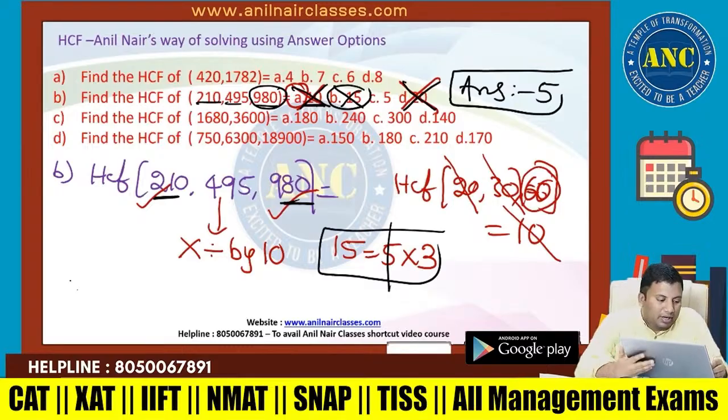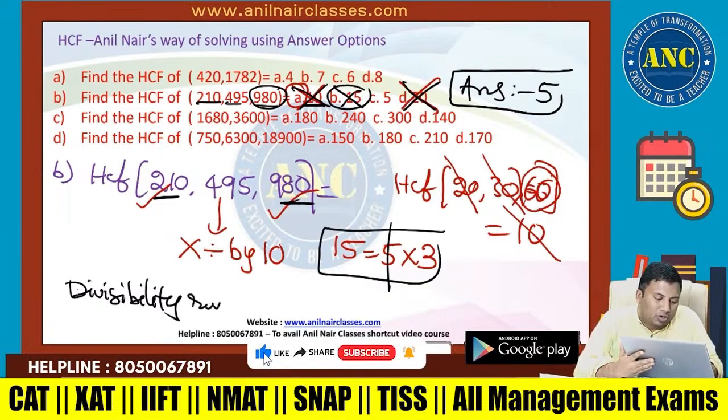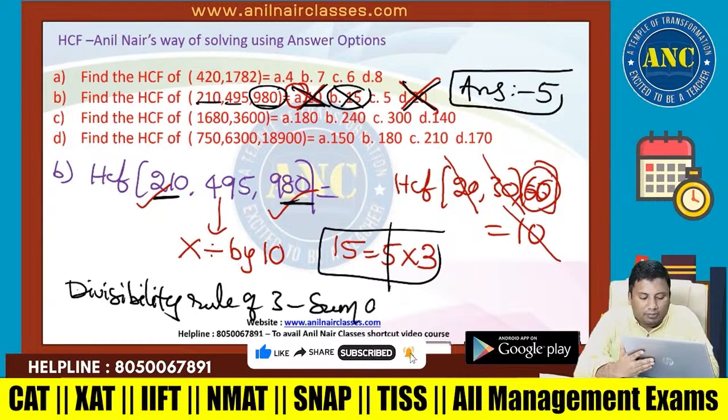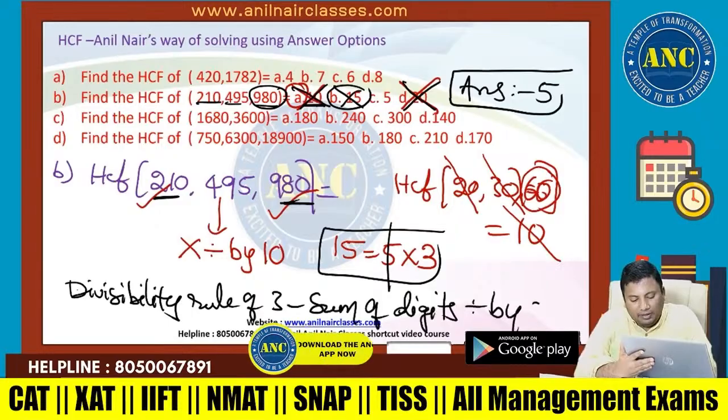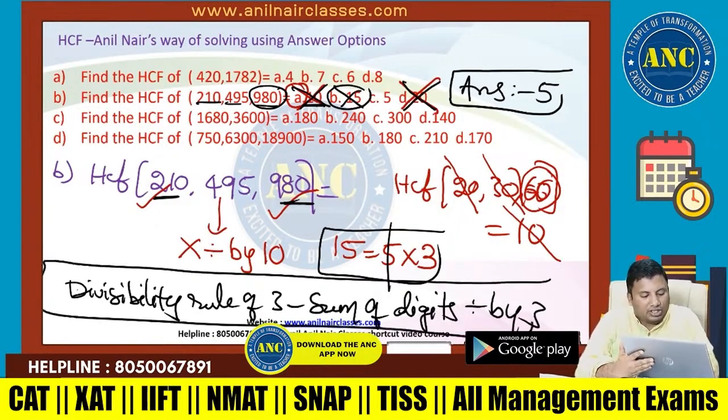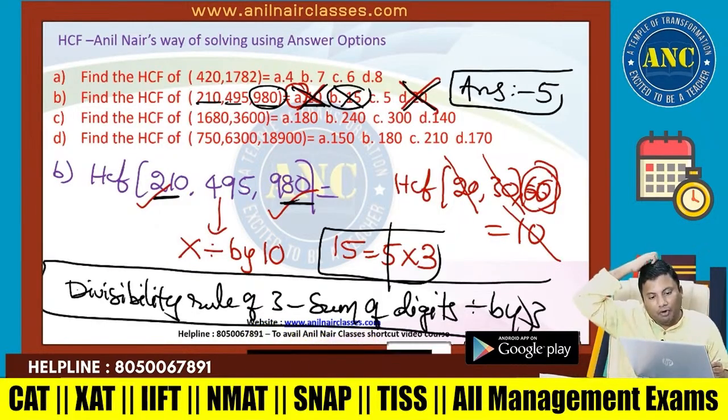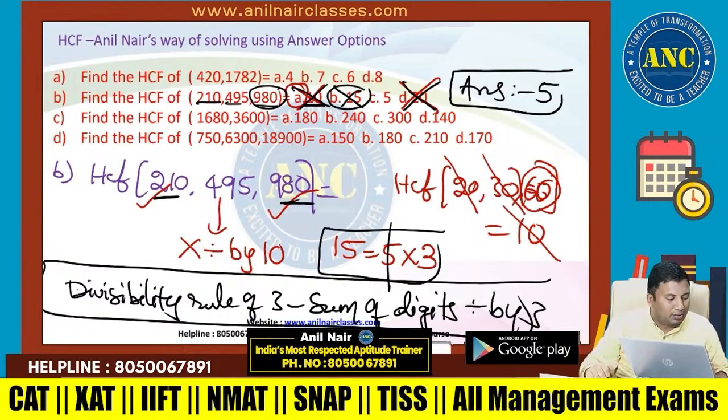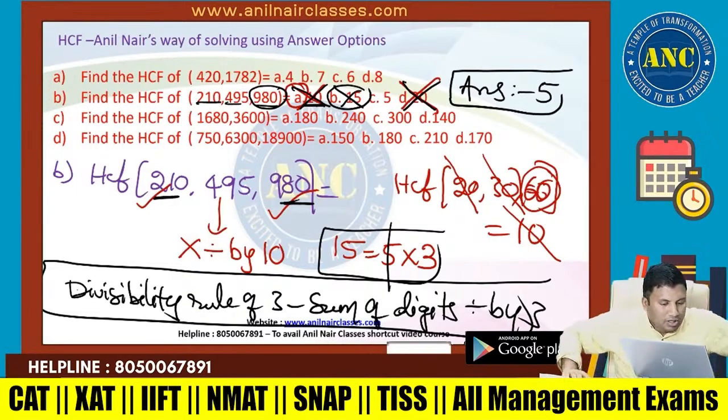3. The divisibility rule of 3 is that the sum of the digits should be divisible by 3. 980 is not divisible by 3, right? 9 plus 8 is 17. 17 is not divisible by 3.